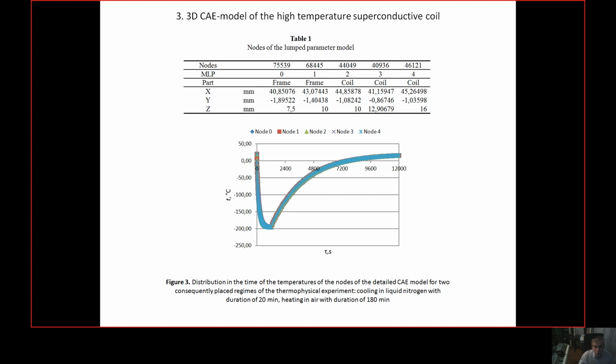Distribution in time of the node temperatures of the detailed CAE model matching the nodes of the intermediate lumped parameter model is shown in Figure 3, while space distribution of these at a time instant is shown in figures 4 and 5.